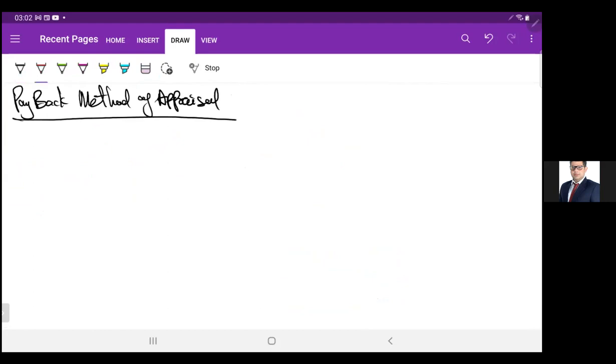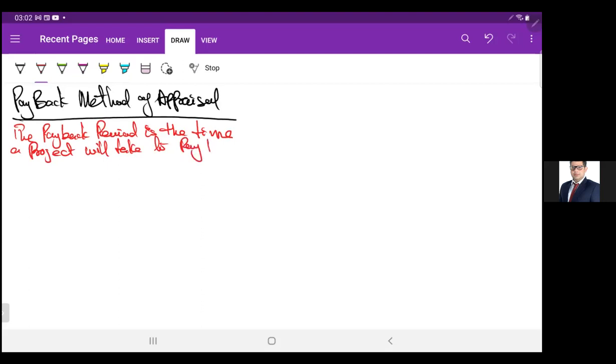So the payback period is the time a project will take to pay back the money spent on it.